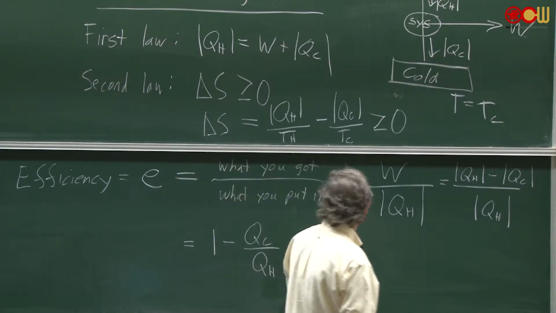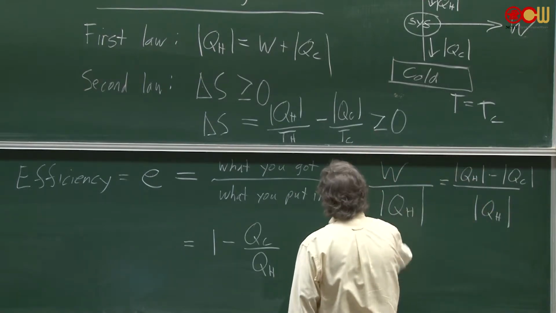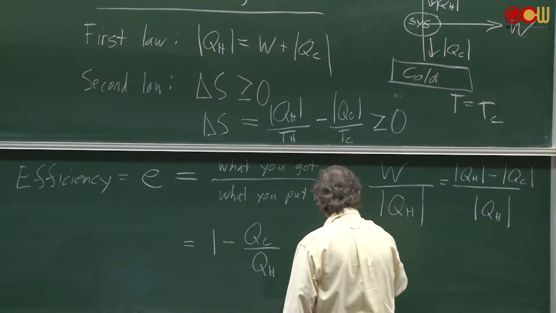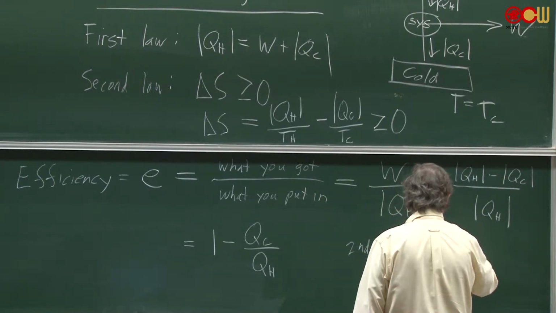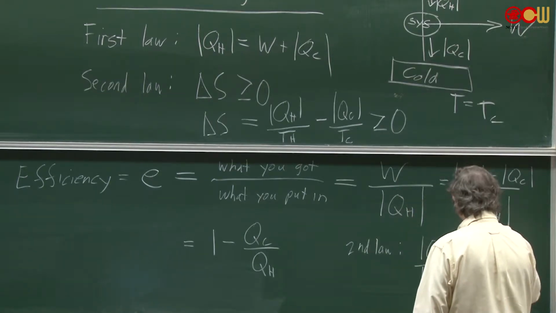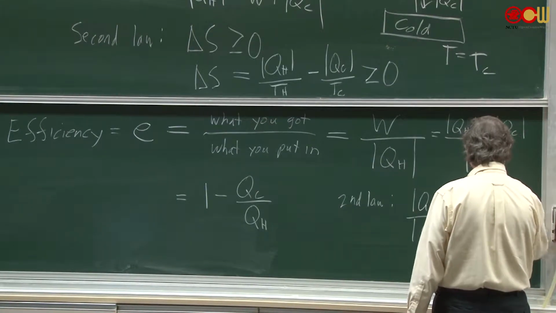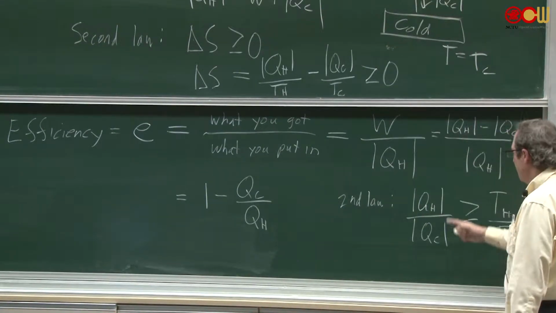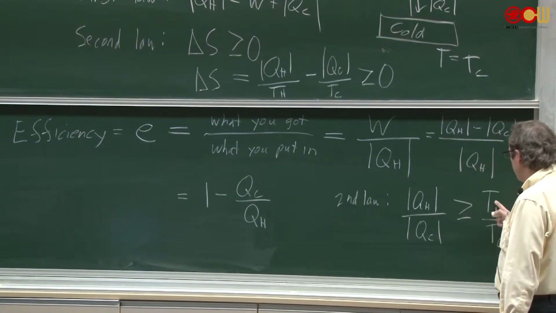All right. Now from here, from the second law, we see that QH over QC is greater than or equal to TH over TC. All right? So QH over QC is greater than or equal to that.